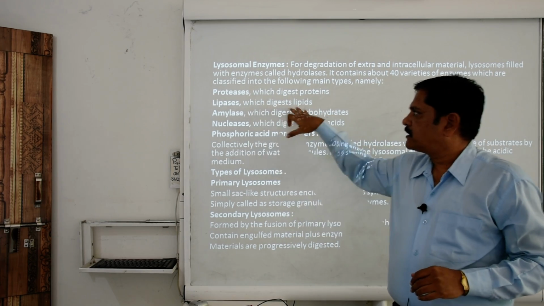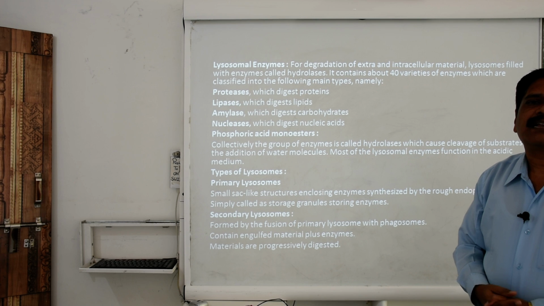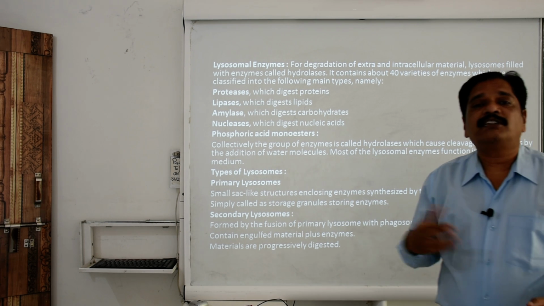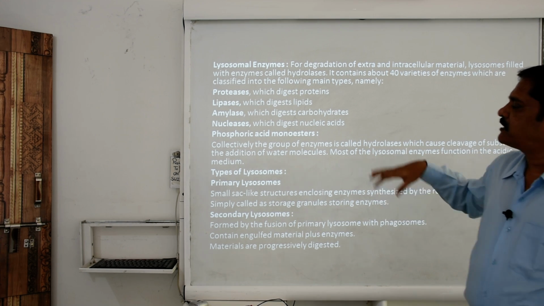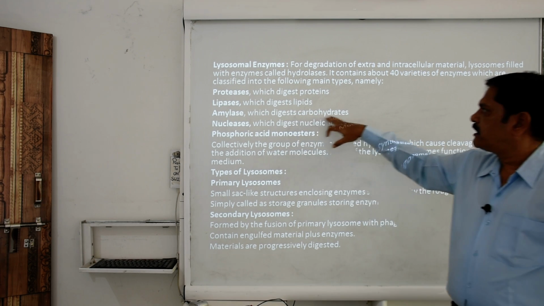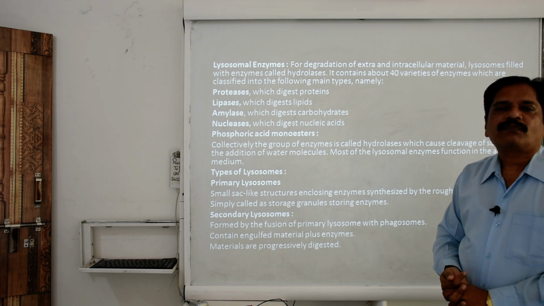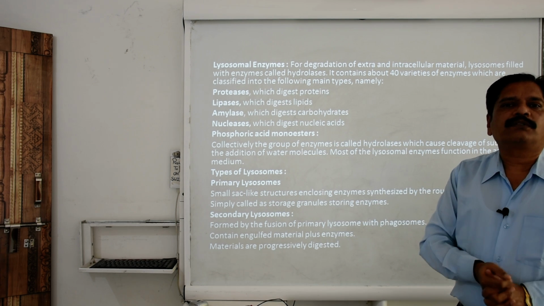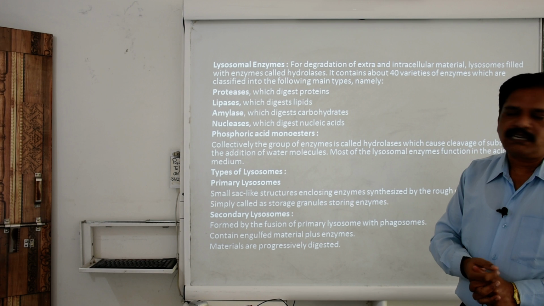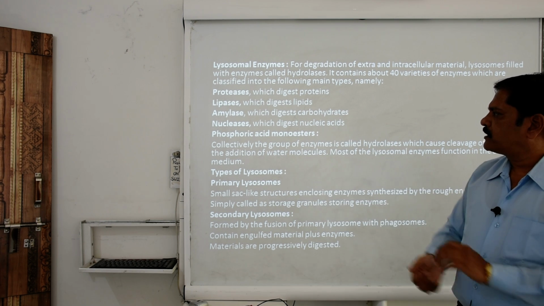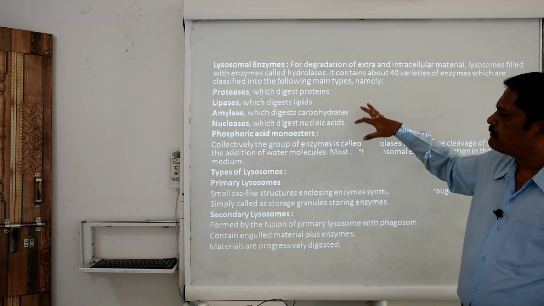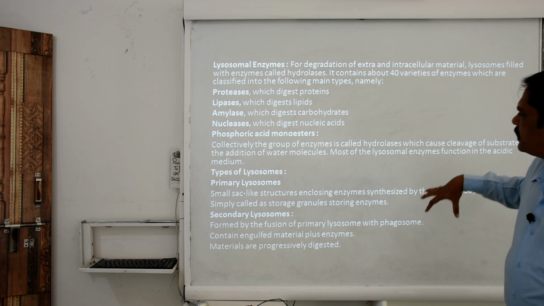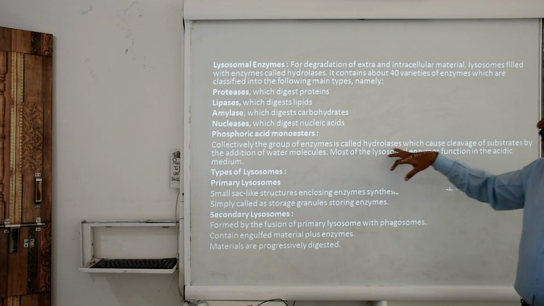Then the lipases, the group of enzymes responsible for the digestion of lipids and fats. Amylase, which works with carbohydrates. Clear? Nucleases, which work on nucleic acids, that is DNA and RNA, and phosphoric acid. Okay, so remember these are all basically hydrolytic in nature.